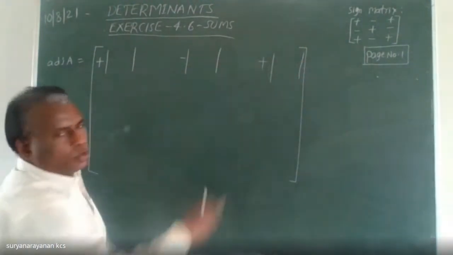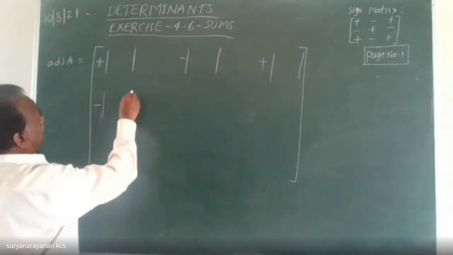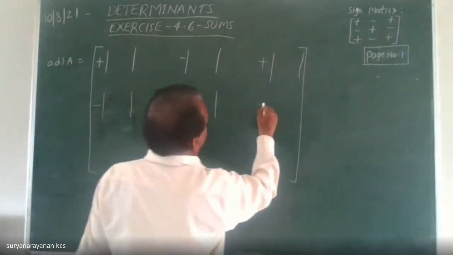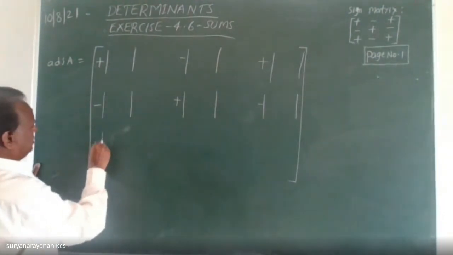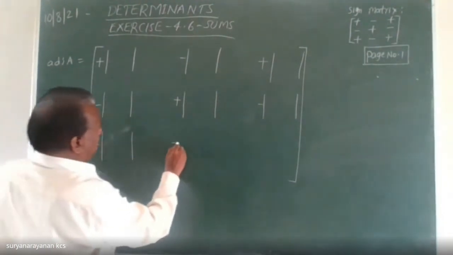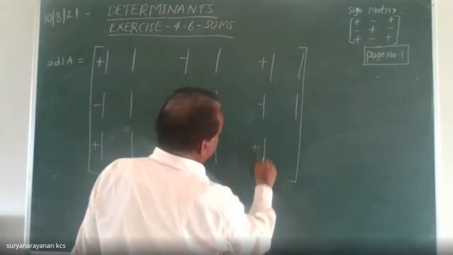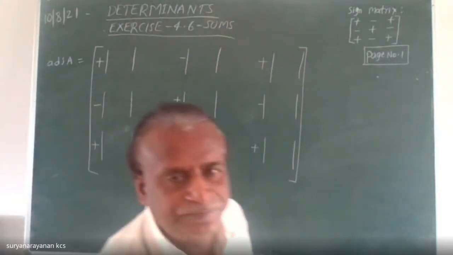We get the first row elements. Similarly, minus that symbol, plus that symbol, minus that symbol, and here plus that symbol, minus that symbol, plus that symbol.